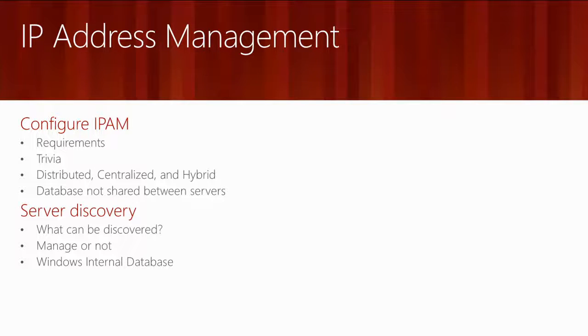So let's talk about server discovery now. Well, actually, let's talk about that database not being shared. If you have one IPAM server, you got one database. If you have more than one IPAM server, then you have multiple databases. And all the databases are totally unique. They don't communicate. They don't know anything about each other. They don't share data.